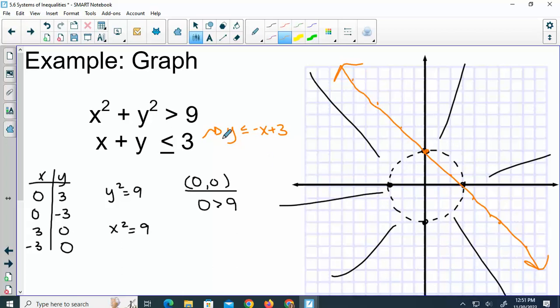So less than would tell me below, or if you do your test point, you get 0 is less than or equal to 3, which is true. So my overlap is everything under this line and outside my circle.